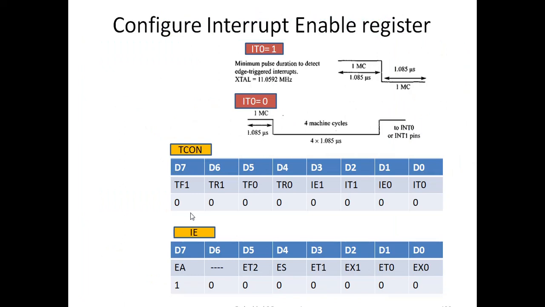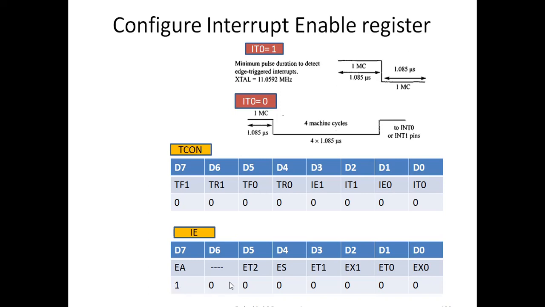Fine. Now IE, the interrupt enable register. It is a very important one. Already you know the 8051 interrupt is a maskable interrupt, so you can enable or disable it. Whichever interrupt you want, make that particular bit 1, so that interrupt is enabled, and you also make EA, enable all, the global enable, high.